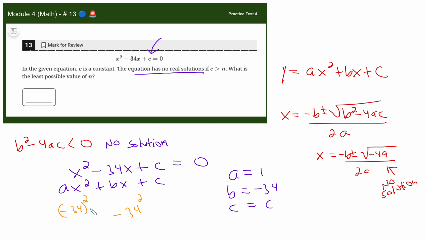If you want the whole thing to be positive, make sure you put the parentheses. So we have negative 34 squared minus 4 times 1, that's our a value, times c, and we want that less than 0.